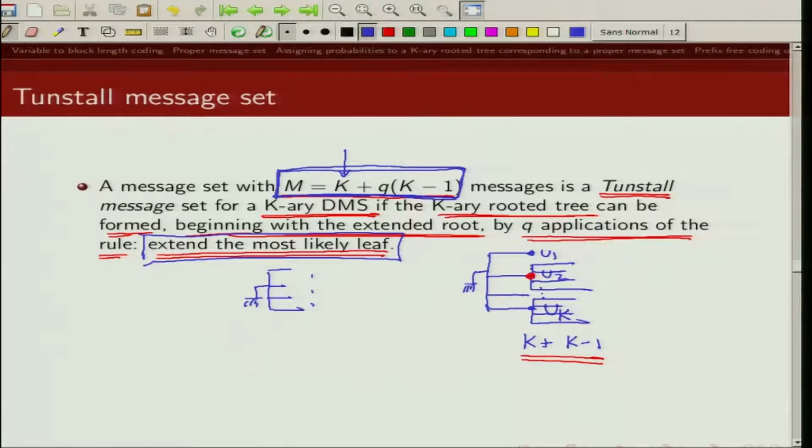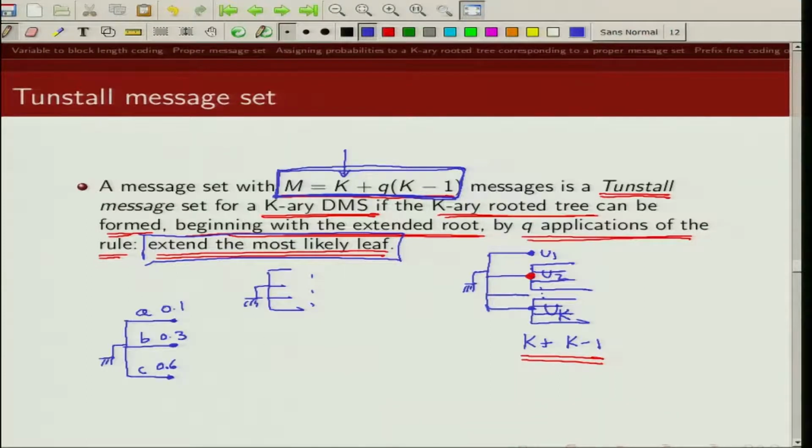So let us take an example. Take the ternary message set that we had. Let's say this was A, this was B, this was C, and the probability of A we took as 0.1, probability of B we took as 0.3, probability of C we took as 0.6. This is a proper message set.